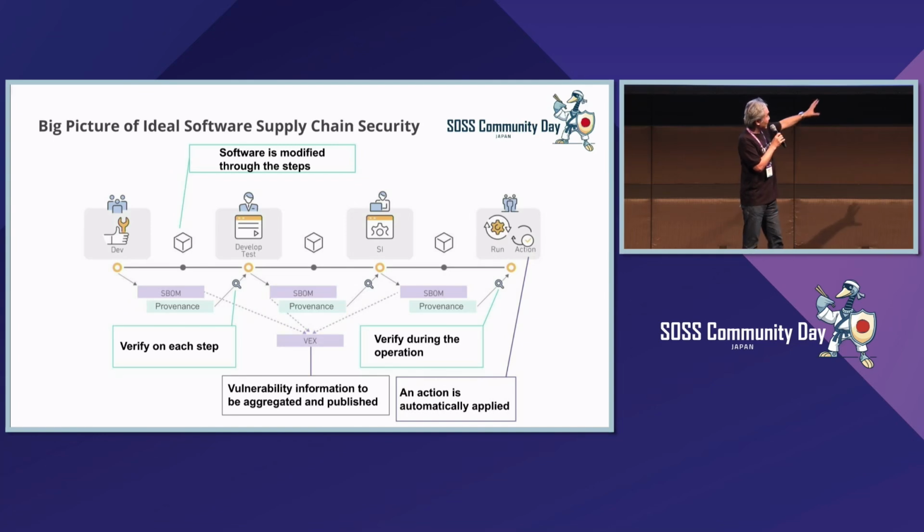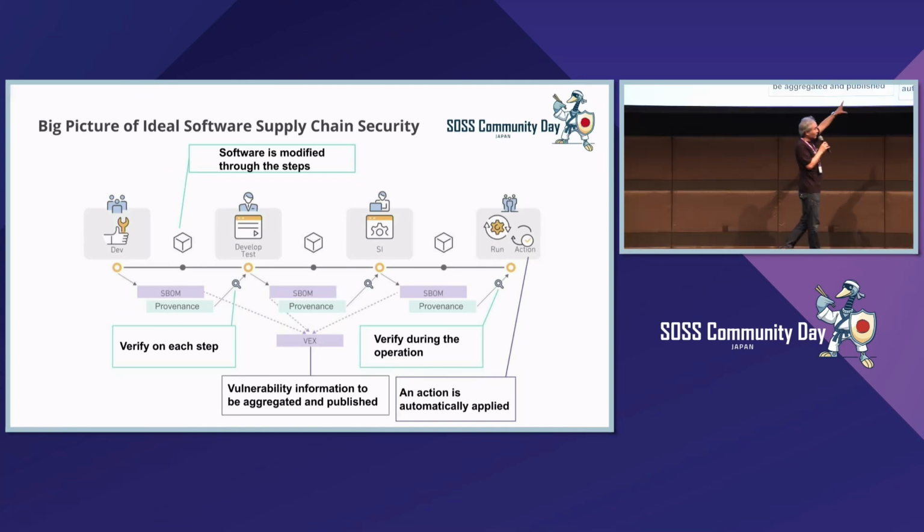And of course, at the final stage, we should verify whether a vulnerability exists or not, and the action should be automatically applied. This is an ideal big picture of supply chain security.